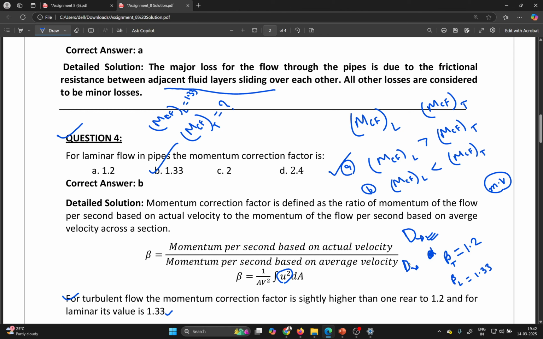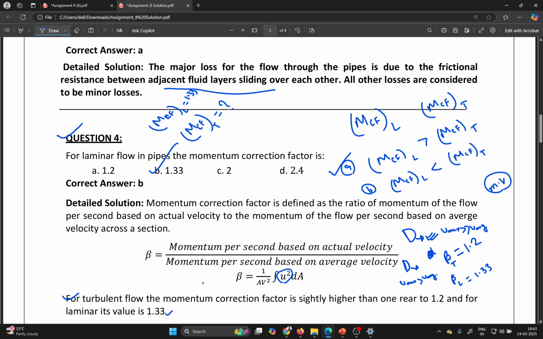Here, let us assume this is the maximum, and you average. Here also the maximum, and you average. So here the maximum is much more than the average, but here the maximum is only a little bit more than the average, because if you see, the diagram is almost flat compared to this laminar.